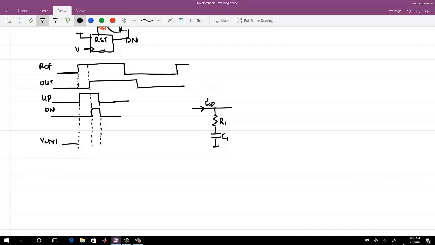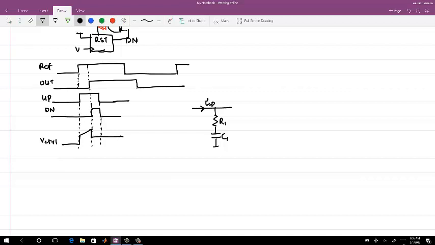As soon as the rising edge of the up comes, this jumps to ICP times R1, then it integrates, then ideally it comes down, and then it remains flat for the next cycle.